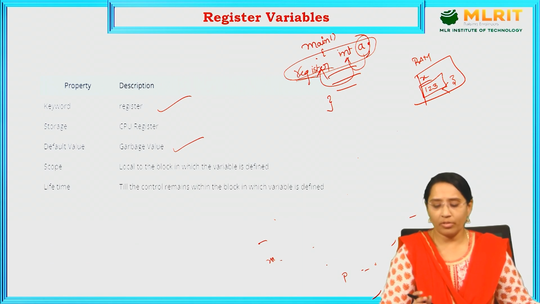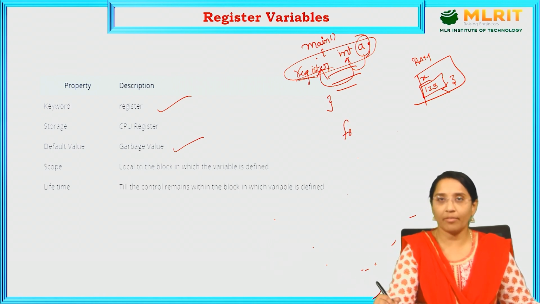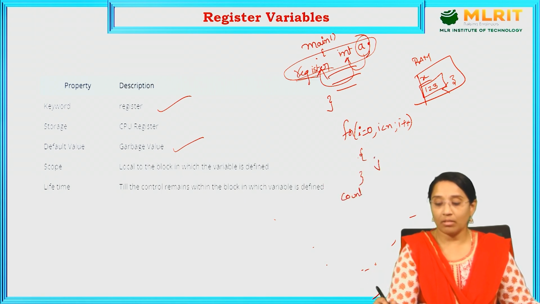Suppose the variables that you use frequently, like when we use the concept of arrays, every time we take the variable i, for i equals 0, or in the loops i less than n, i plus plus. Every time we use these variables i, j, this count equals 0, and sum equals sum plus i.